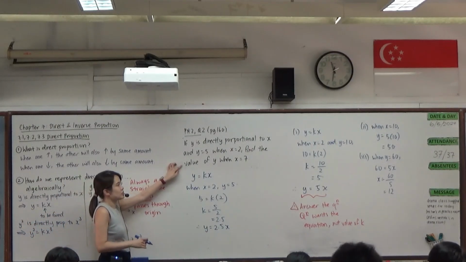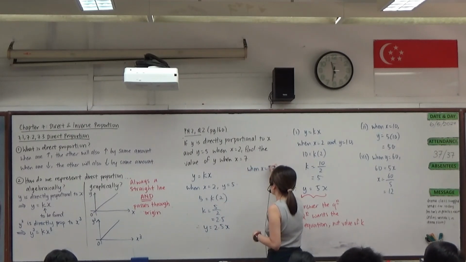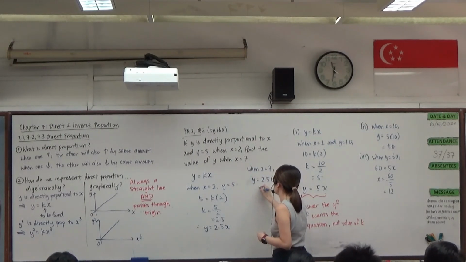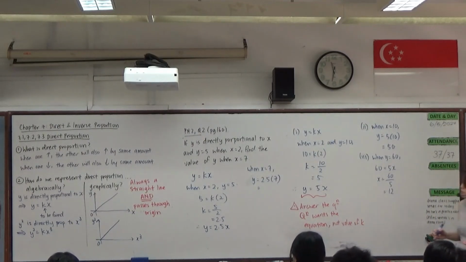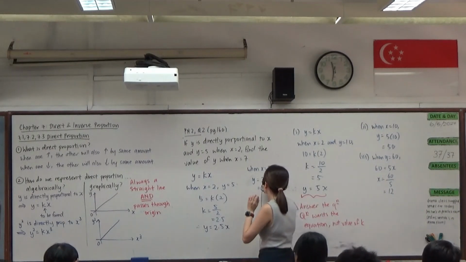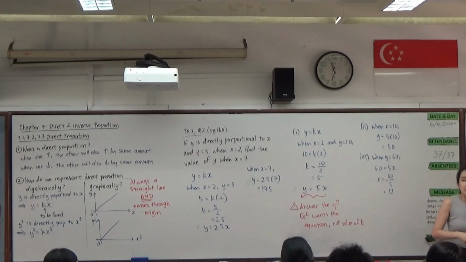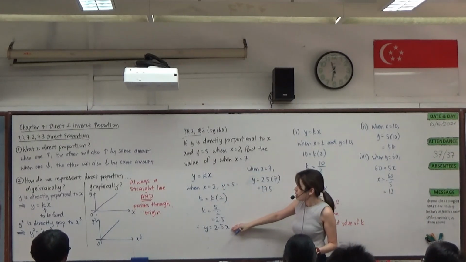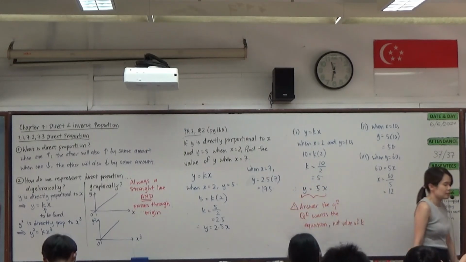Then we answer the question when x equals 7. We find the value of y, and that will give us 17.5. So you can approach it in a systematic manner. Form the equation by finding the value of k, then after that substitute respectively.